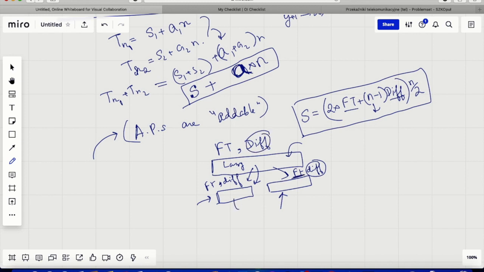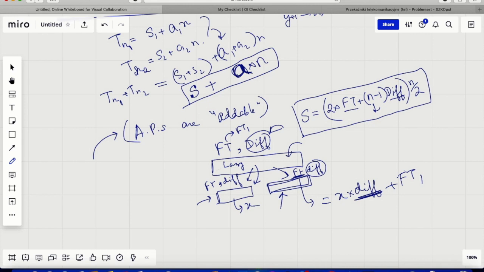Why? Let's say here there were x elements, then the first term here will be equal to x into diff. Note that when I say diff, I mean the lazy diff here, and let me call this ft1, so plus ft1. This is the ft value for this right child.